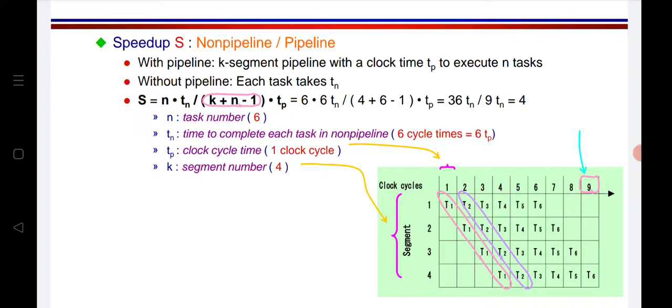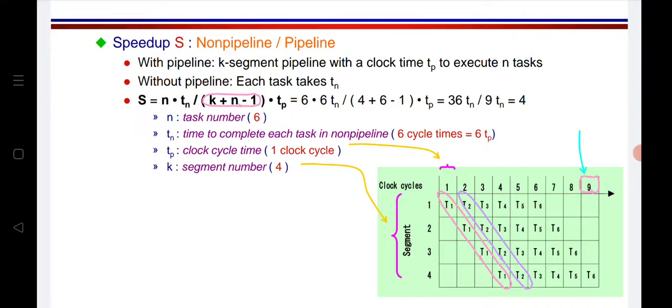6 tasks are there. So 6 into 6 Tn divided by 4 plus, that is your K value. What is your K value? It is nothing but your segments. How many segments? 4 segments, plus n value 6 minus 1 into Tp. If you calculate this, you will get it as 4.